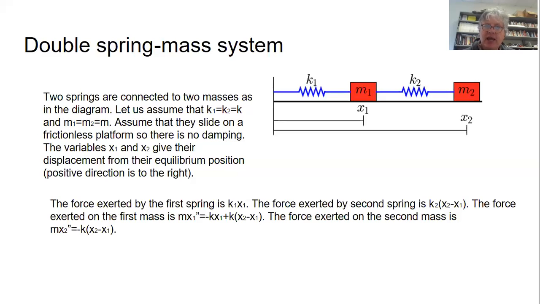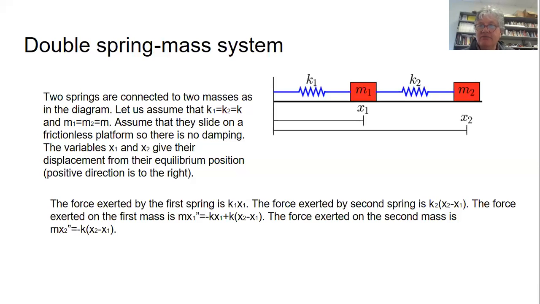And so x1 and x2 give their displacement from their equilibrium position. So at the moment, let's assume that it's in equilibrium, then x1 is 0 and x2 is 0. And the positive direction is the right. Okay, so we've got to figure out what the equations are.